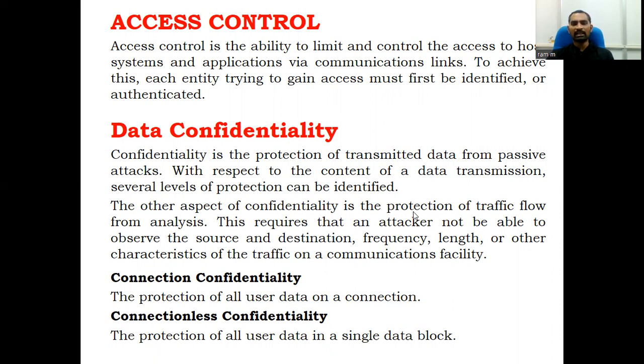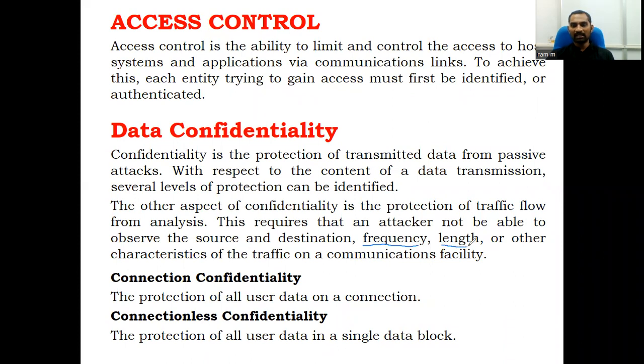So this requires that an attacker not be able to observe the source and destination, frequency, length, or other characteristics of traffic on a communication facility. In a snooping attack, he just observes the data. But in a traffic analysis attack, he wants to know the destination, the source, and at what frequency they are communicating.